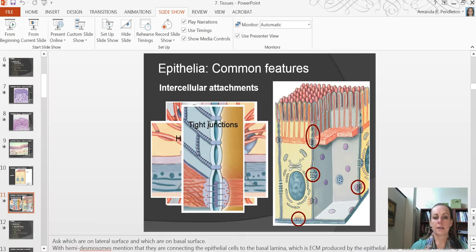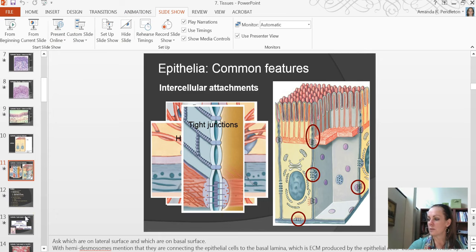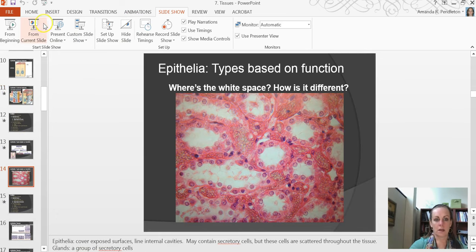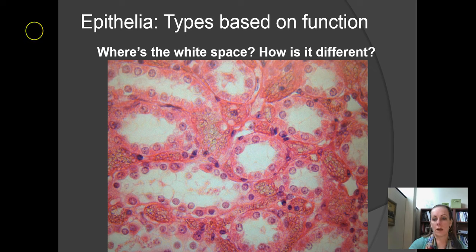Now I want to show you something different, because there is also this right here. Do we see white space here? The answer would be yes. Anytime you're looking at glands, it's a little bit different because they're very small tubes. Let's say this is a gland, and the stuff being secreted would go up and out the top.